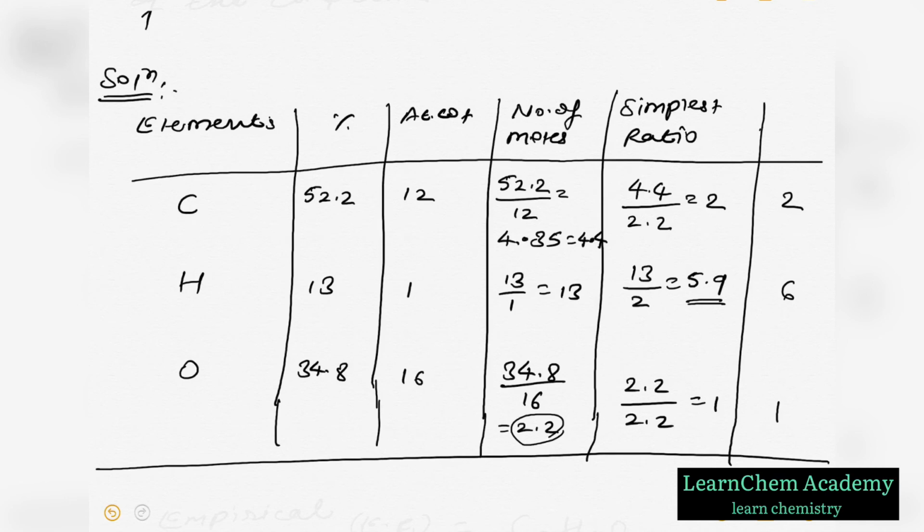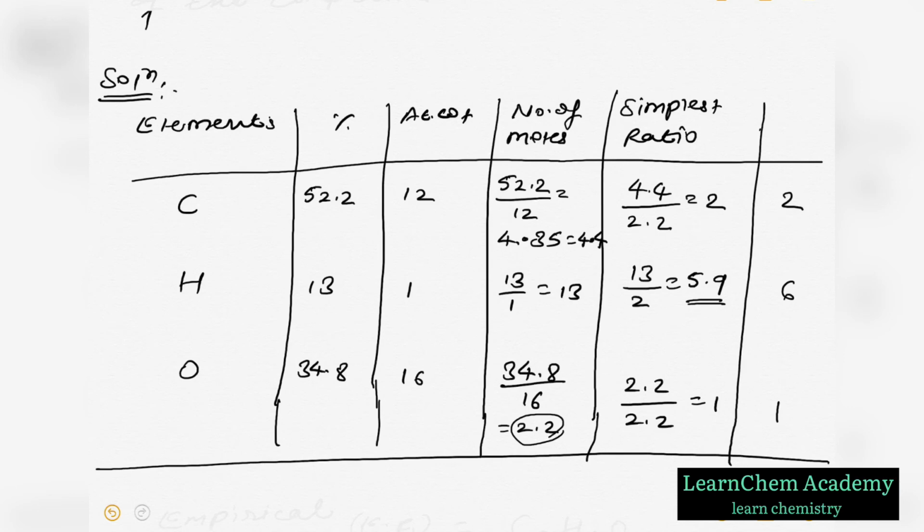First, write down the given elements and their mass percentage, and convert that mass percentage into grams. Then convert it into number of moles by dividing by their atomic mass. Then find the simplest ratio of their moles by dividing all the numbers of moles by the least number of moles.